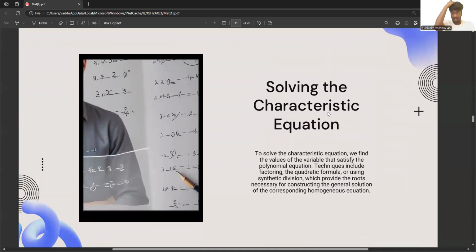Solving the characteristic equation. To solve the characteristic equation, we find the values of the variable that satisfy the polynomial equation.